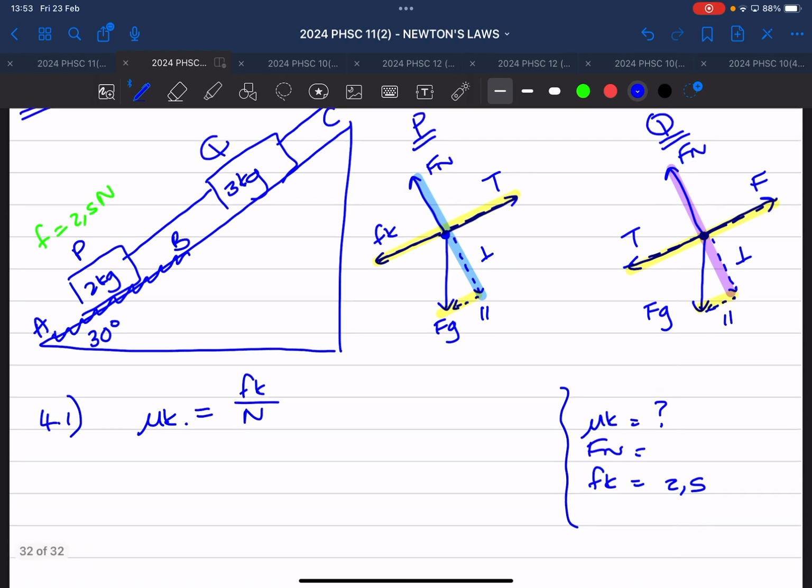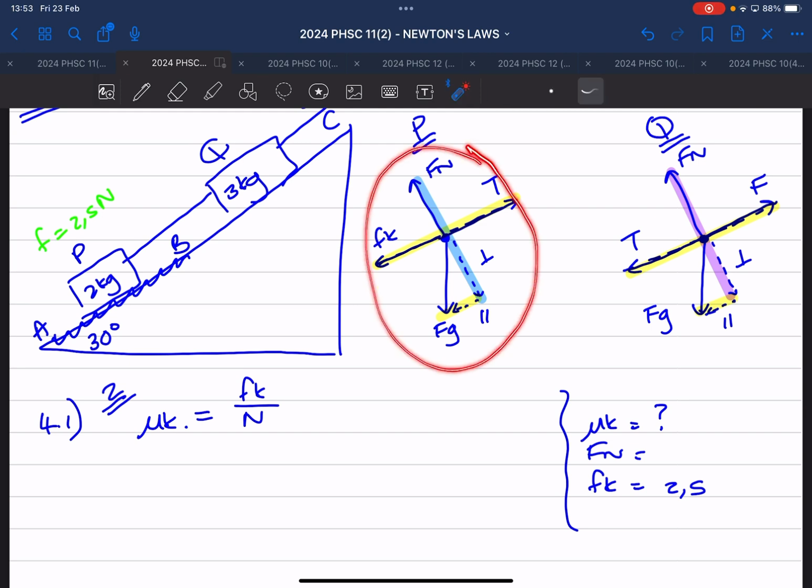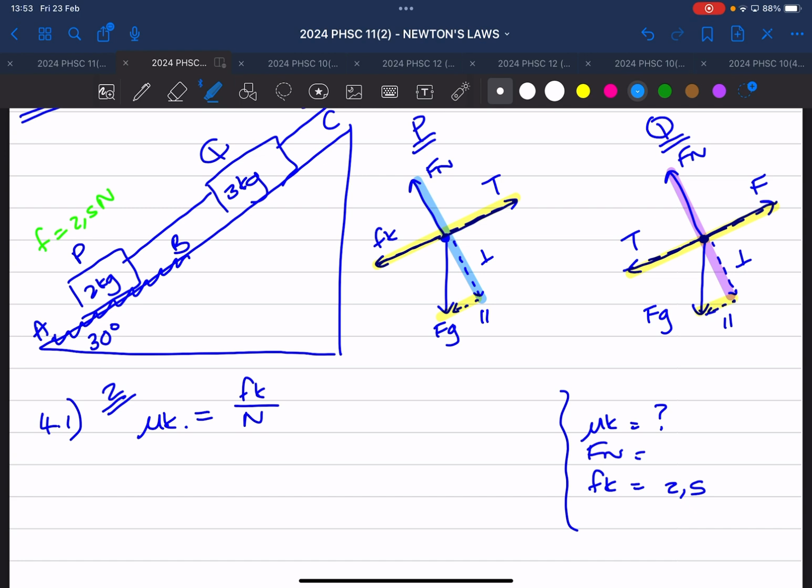Then for which block specifically are they asking? For the 2 kilogram block, for P. So when they ask for the normal force, we must look at the normal force at P. The normal force I've highlighted blue, so I'm going to look at the blue part there. I've only highlighted two blue things.